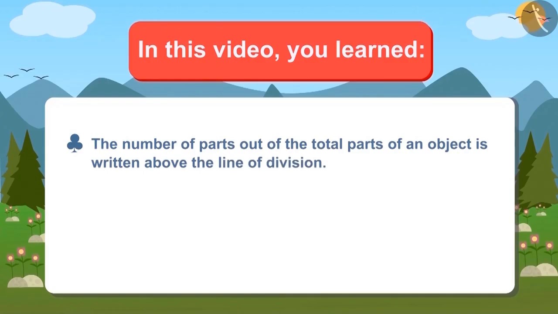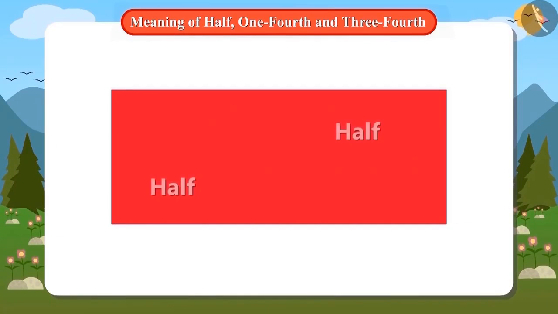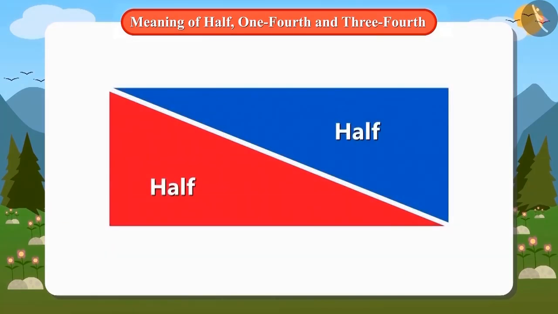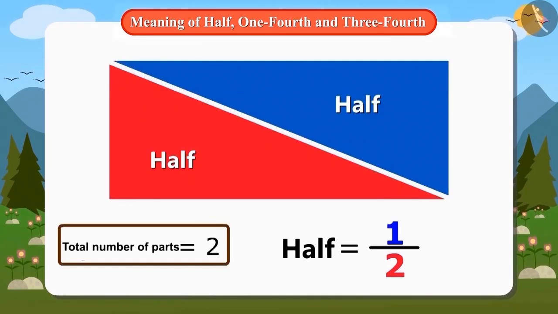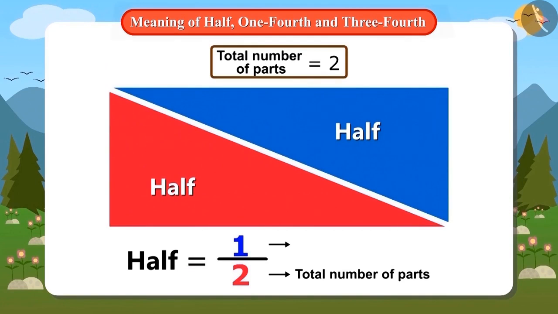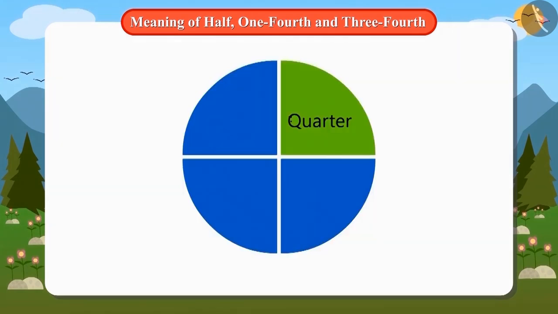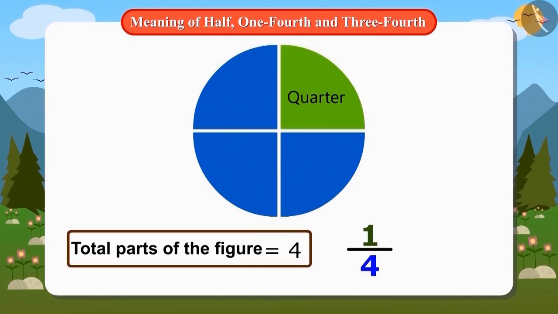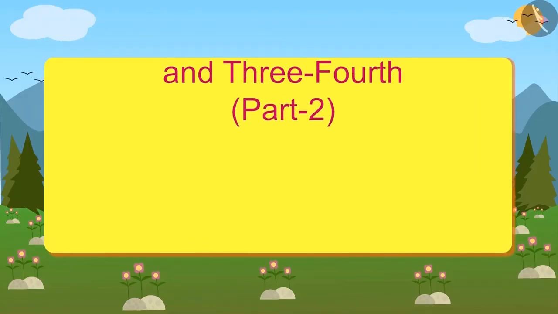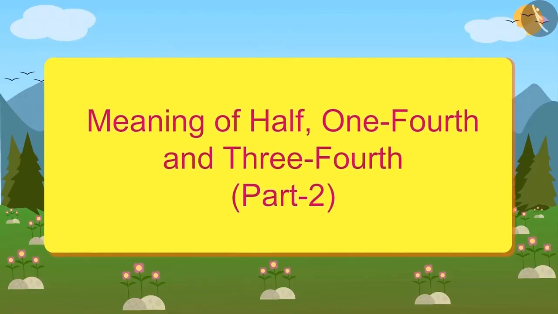For example, to show half of an object, 1/2 is written, which means 1 part out of 2. And 1/4 is written for quarter, which means 1 part of 4.